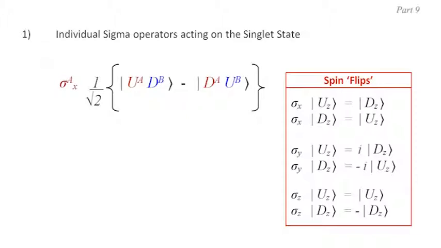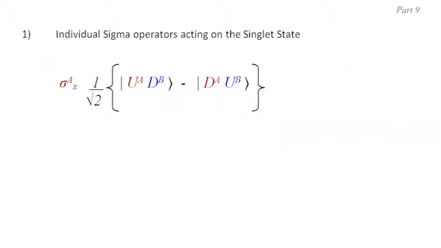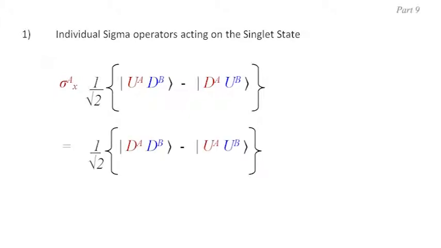For instance, sigma AX only acts on the A electron, and it will change an up to a down or a down to an up, and it will multiply incidentally by +1. Sigma AX on the singlet state therefore gives this. Here the A up has gone down and the A down has changed to up. The B electron, of course, has not been affected in any way.